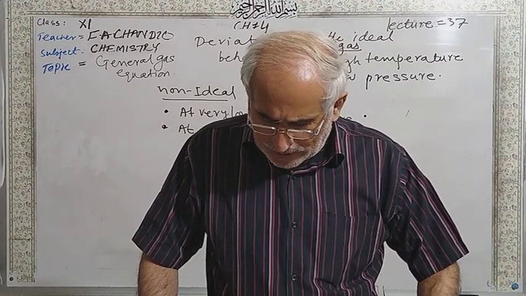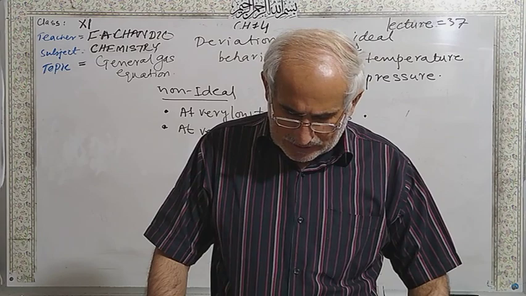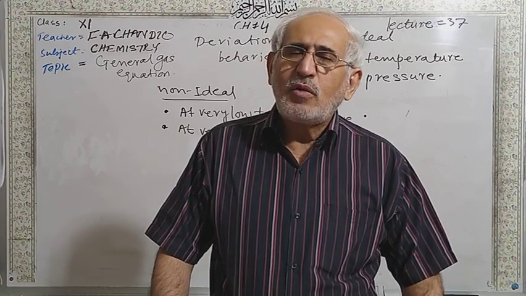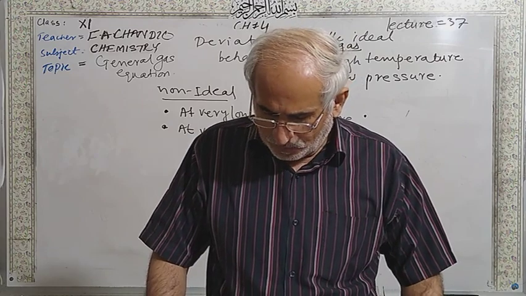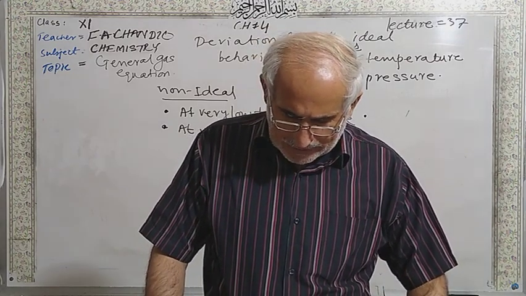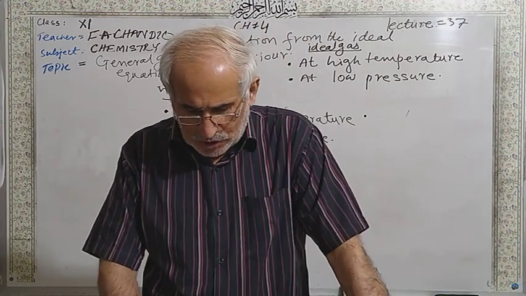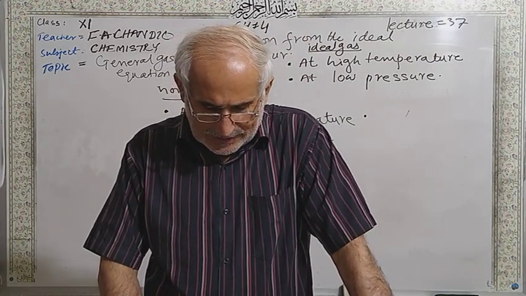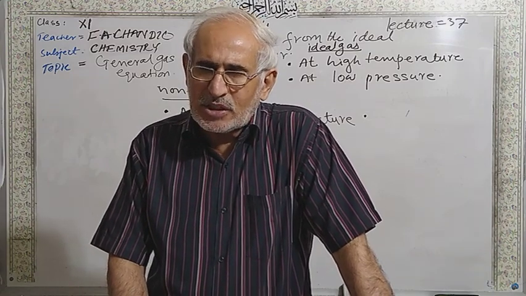Gases that do not strictly obey the general gas equation and all gas laws we call non-ideal gases, which we also call real gases. All gases are found to be real under certain conditions. Hydrogen, oxygen, nitrogen, methane, carbon dioxide gas are not perfect gases according to these conditions.